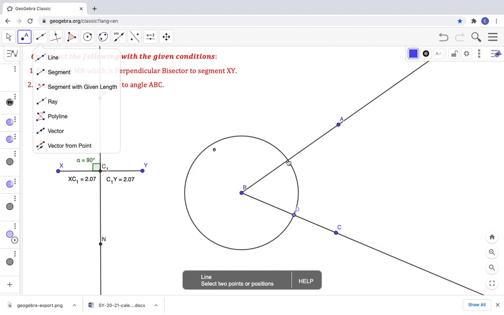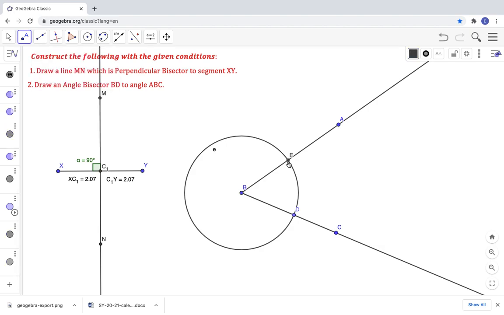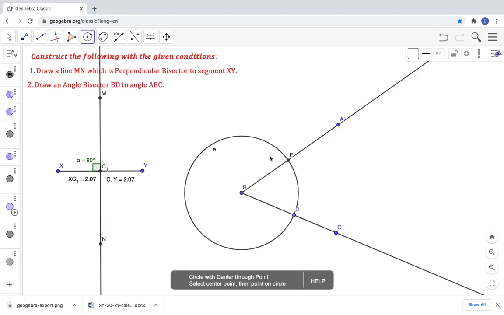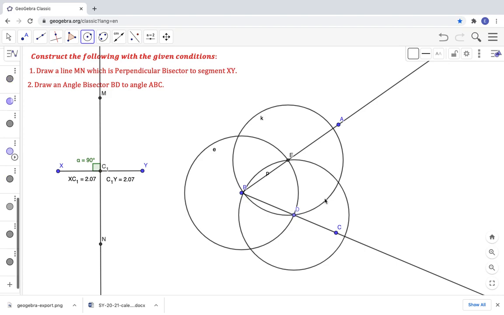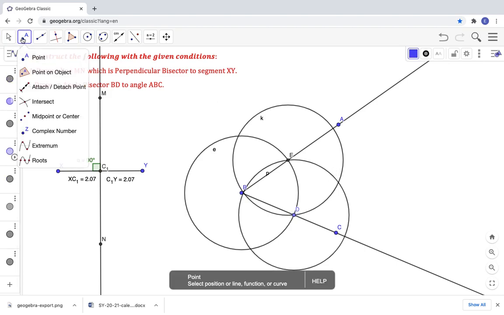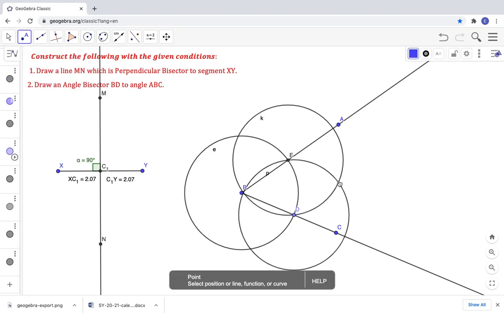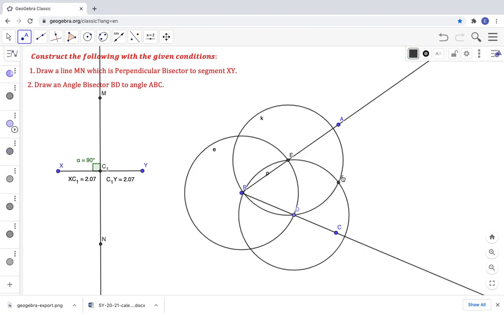Another point of intersection here. Now, these 2 points here will serve as our guide to make another 2 circles from point E going to D and another circle from point D going to E. Notice that these 2 circles form an intersection, and this intersection here will be our point D.